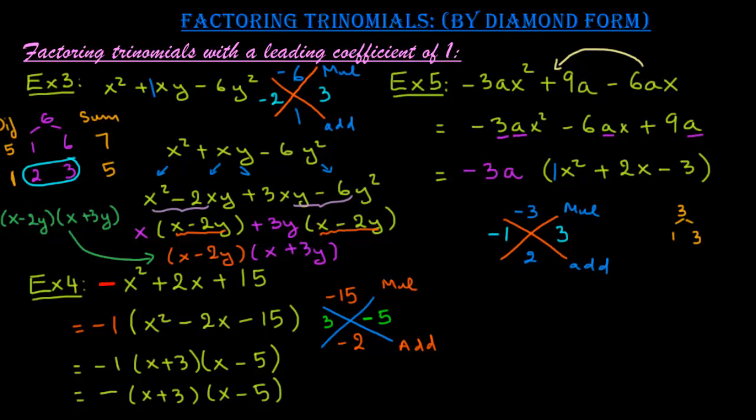The answer will be, we bring down the negative 3a, and the trinomial is rewritten as x blank times x blank. We fill in the blanks with negative 1 and positive 3. And that is our final answer for example 5.